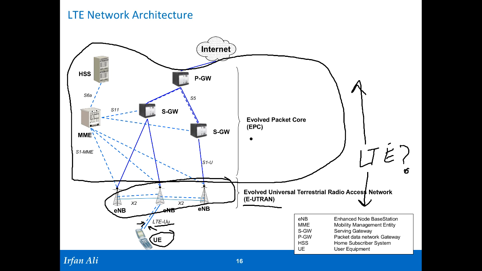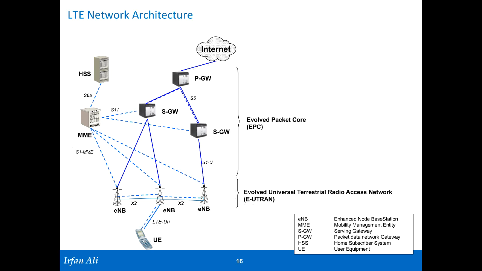What you use is either the evolved packet core or the evolved UTRAN, which is evolved Universal Terrestrial Radio Access Network. We love acronyms, I'm sorry about that. And that is your architecture for your evolved packet system, as it is called.